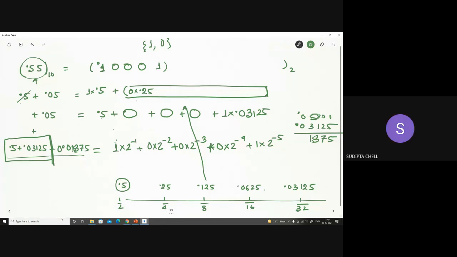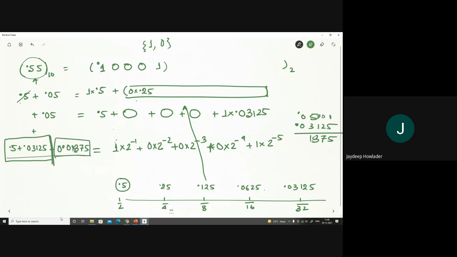In this case, there is no way of taking 0.25, because then the value will be exceeding, greater than the left hand side. So I have to choose such a value which will be fitting, and there will be some offset.